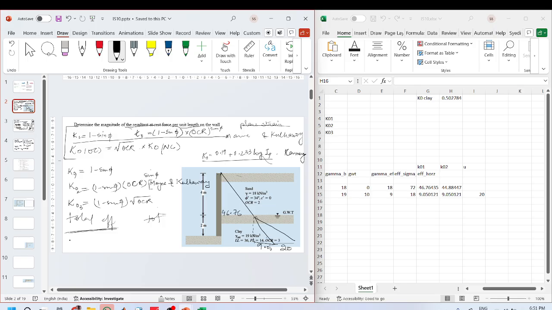So we will have half of 46.76 into 4 as the area here.